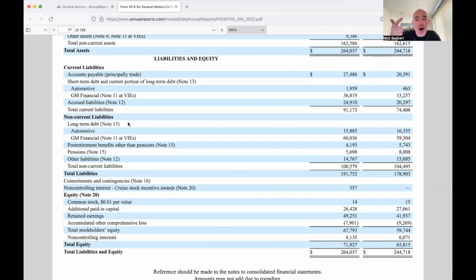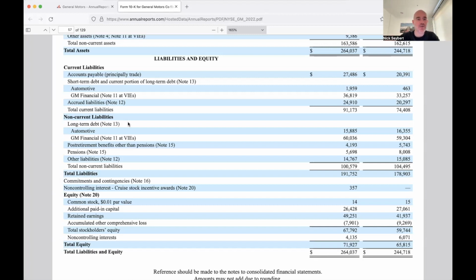You might see bonds payable or just bonds. You might see long-term debt. You might see short-term debt. You might see current portion of long-term debt. You might see commercial paper, which is a really short-term duration of debt. You might see bank loan. So there's a bunch of different line items, and you kind of have to use your intuition and your finance and accounting knowledge to figure out where's all the debt.